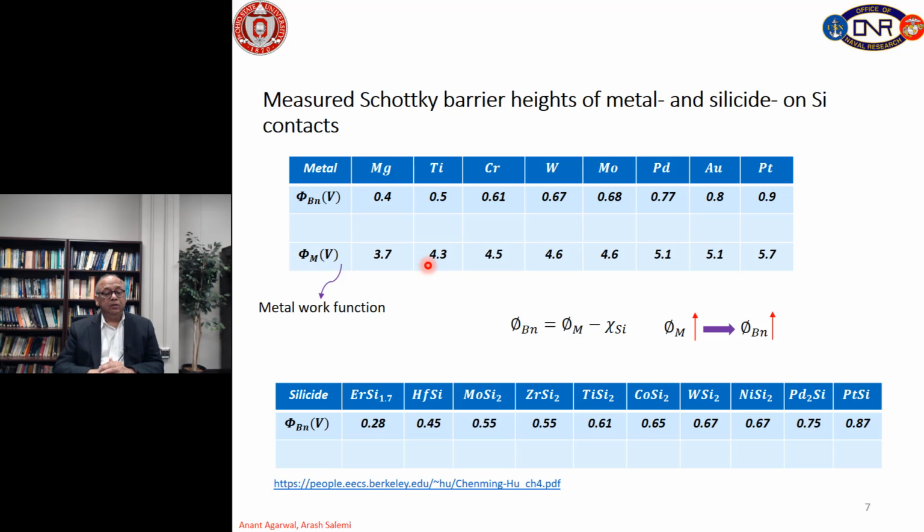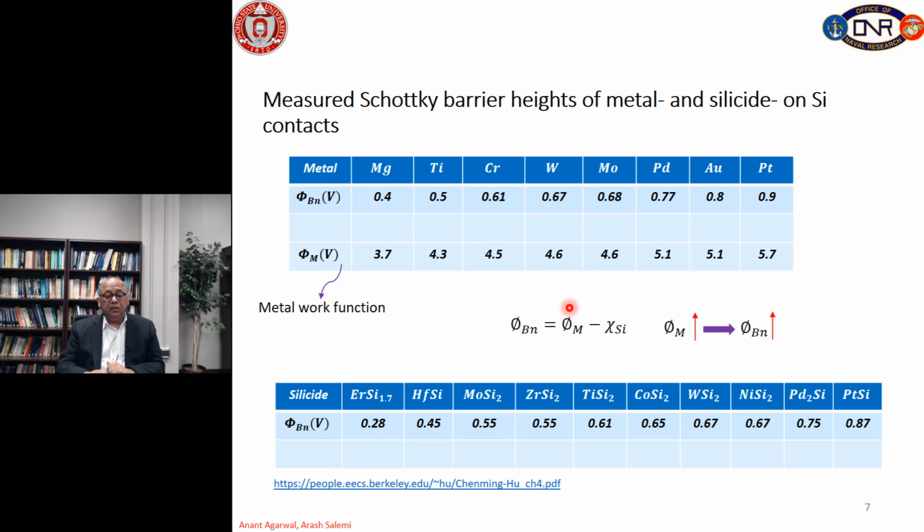So, as I said, the barrier from metal to semiconductor phi Bn depends on the type of metal we choose, because different metals will have different metal work functions phi m as shown here.